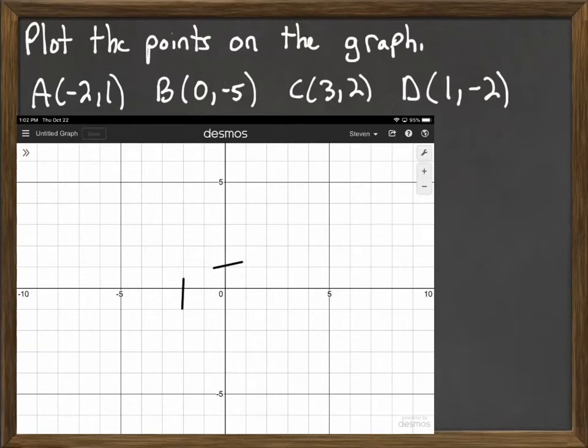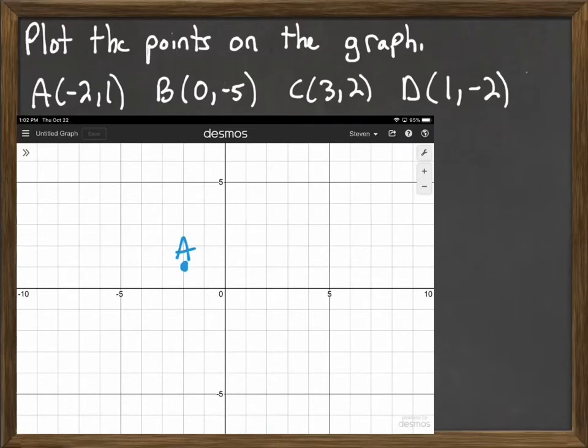And so then we look for the point that matches those two criteria. And then of course will be the point right there. And then we label that as point A, -2, 1.